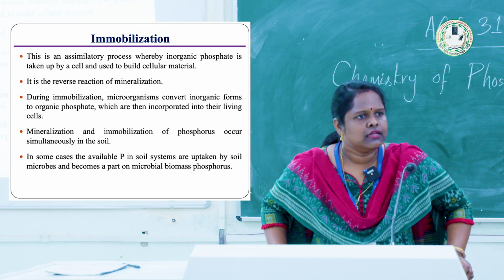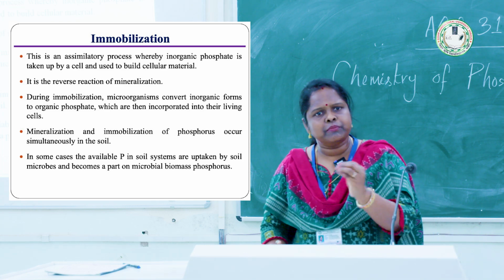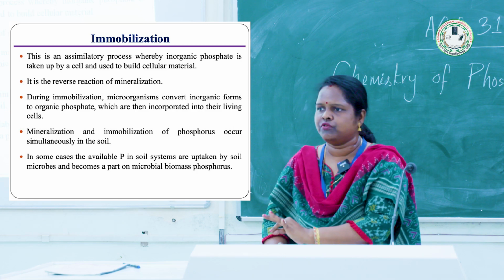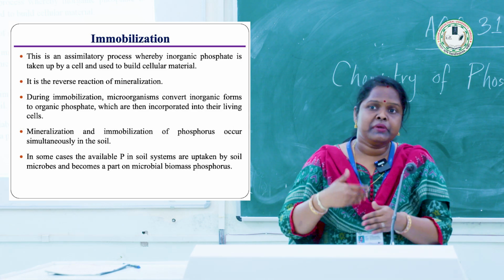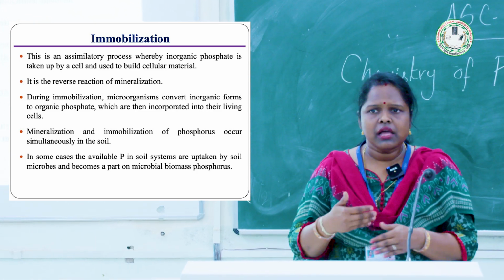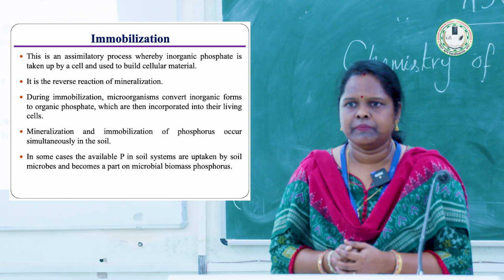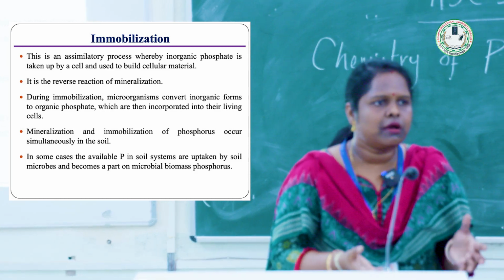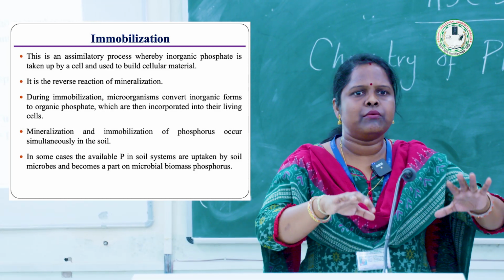Clear? And in that process, the inorganic form is converted to the organic form. So if immobilization is more, then it's not good for agricultural sustainability. So when does immobilization happen? When the microorganisms' metabolism is higher.